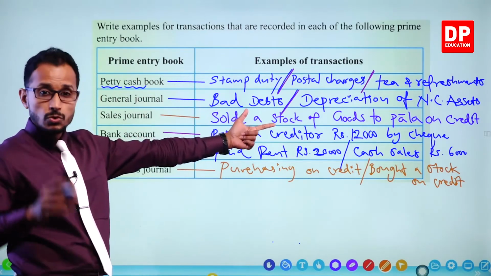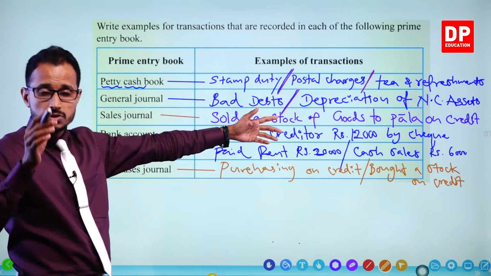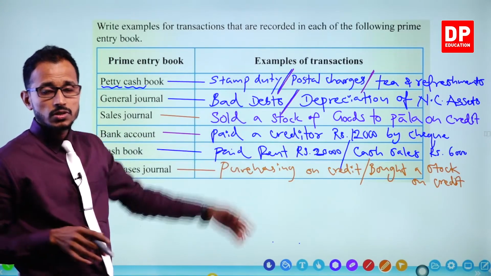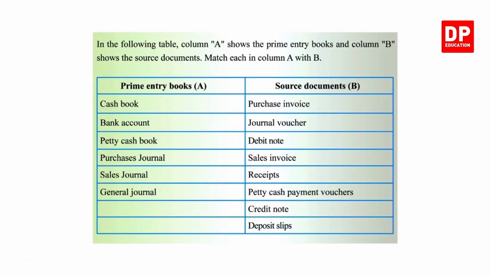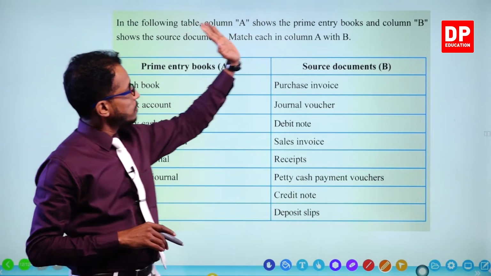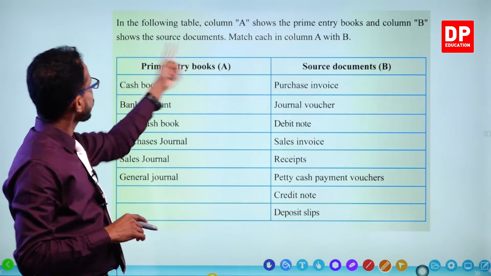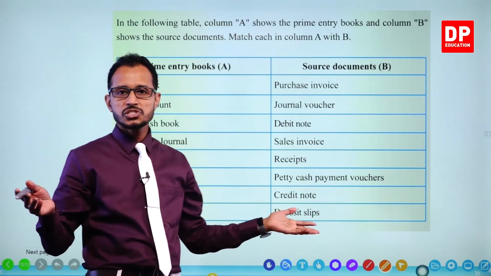I hope it gave you a good practical knowledge about prime entry books. All right, column A shows prime books, column B shows source documents. It's a matching game.